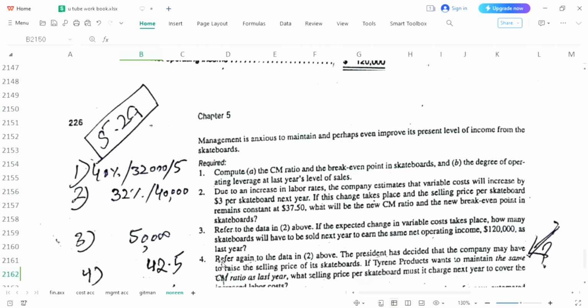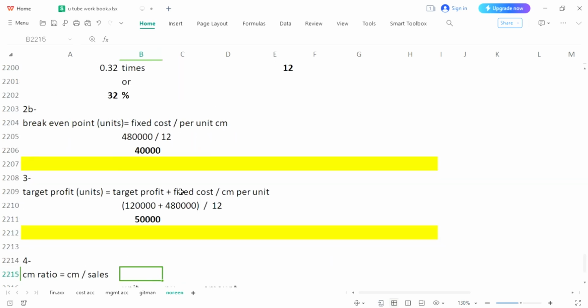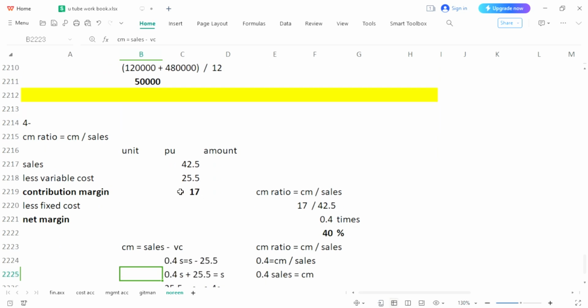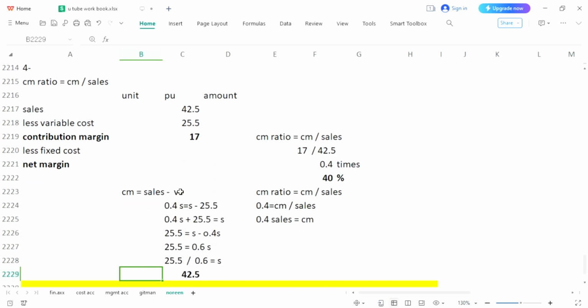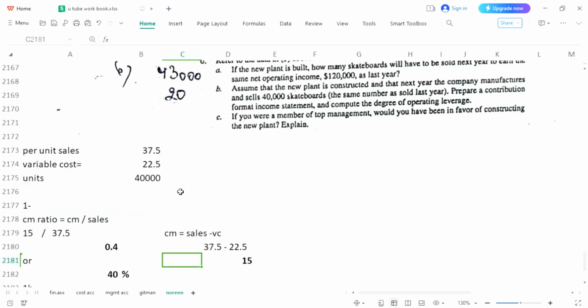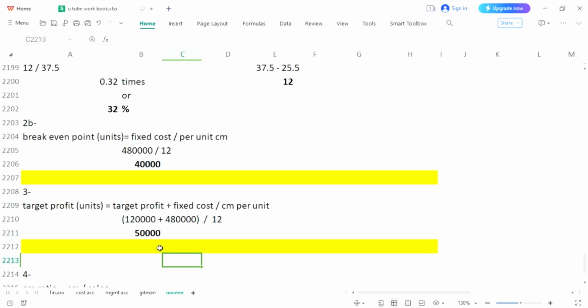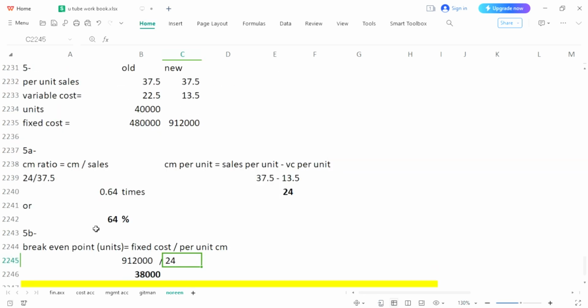Then we will see what is next. Fourth part having a single answer, 42.5. This was your fourth part and the single answer was calculated as 42.5. After the fourth part we have the fifth part, two answers: 64%, 38,000.